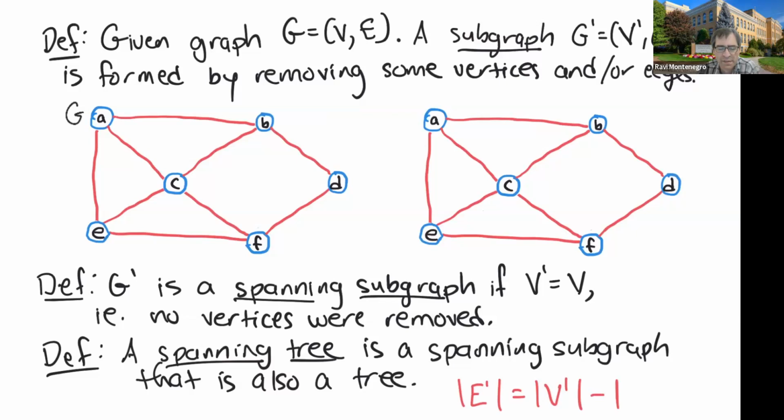More to our interest here, the subgraph is called a spanning subgraph if all of the original vertices are still there. So in this example, if I eliminated the diagonal, this would no longer be a spanning subgraph because one of the vertices was removed.